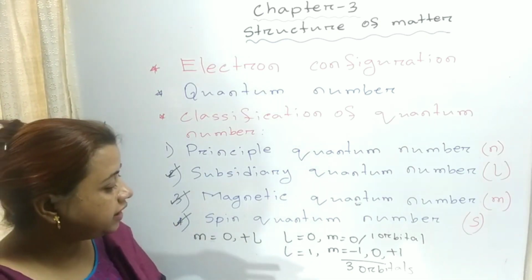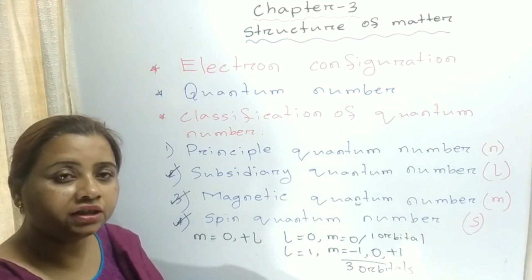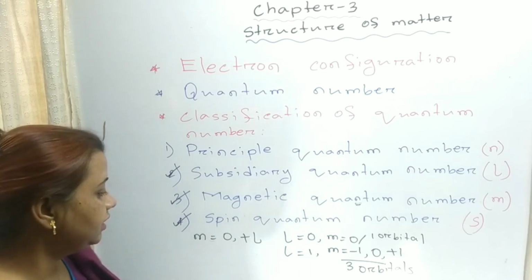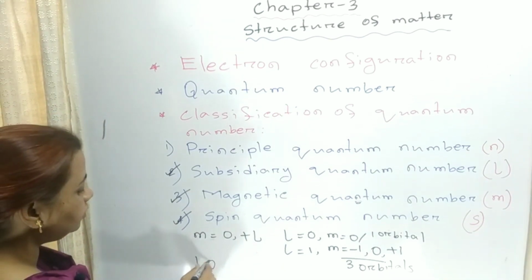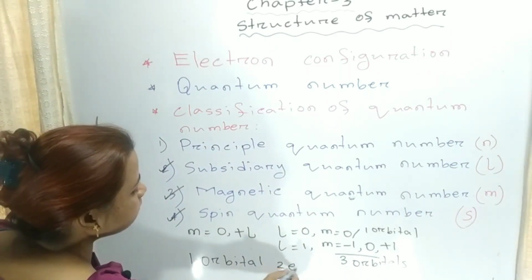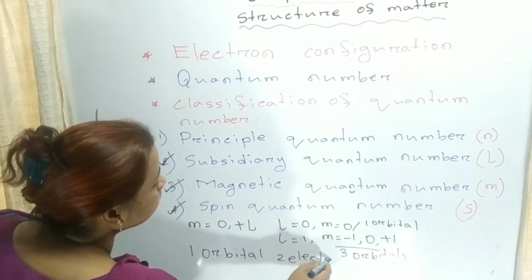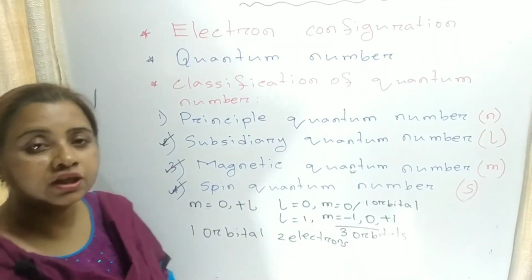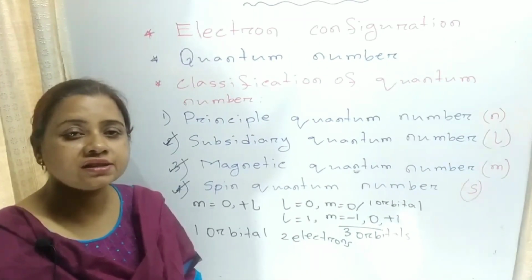In case of any orbital, only 2 electrons at most can exist. In one orbital, at most 2 electrons can exist, and the direction of these 2 electrons will never be the same.